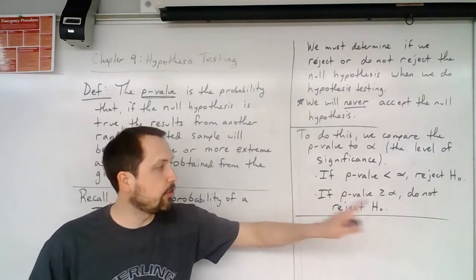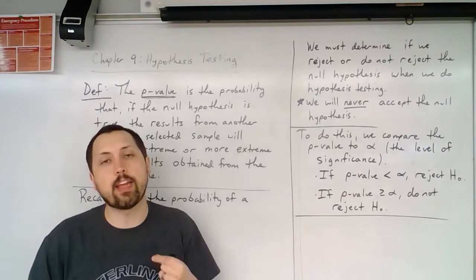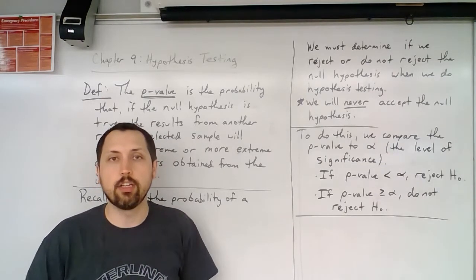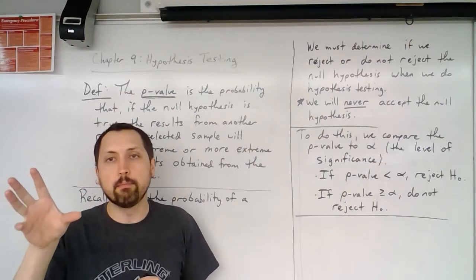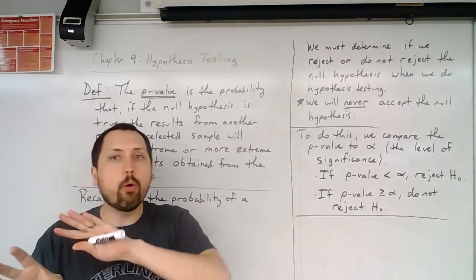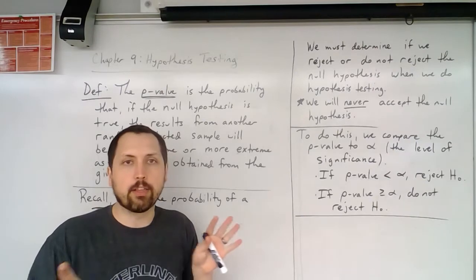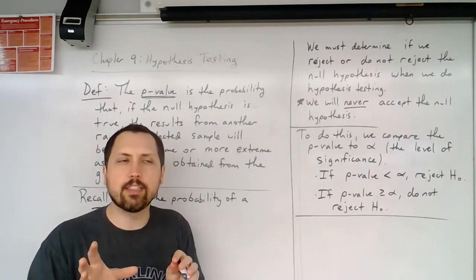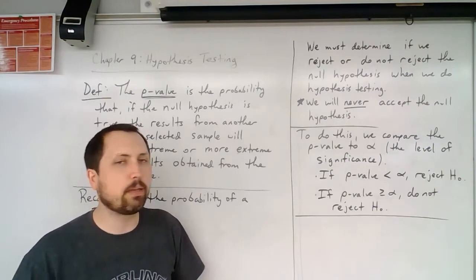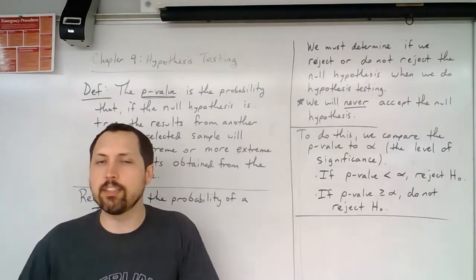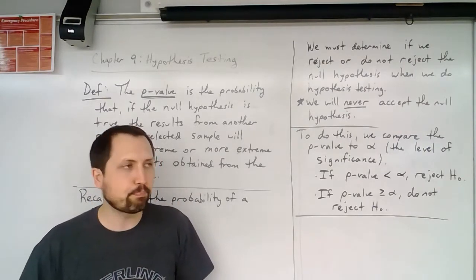What this means is we don't have enough information to claim that there is a difference, right? There's almost always going to be a difference. Our sample mean, for instance, will never be identical to the population mean. There's always going to be a difference, but the question is, is it significant enough? Are we convinced that it is that different from what our population was?